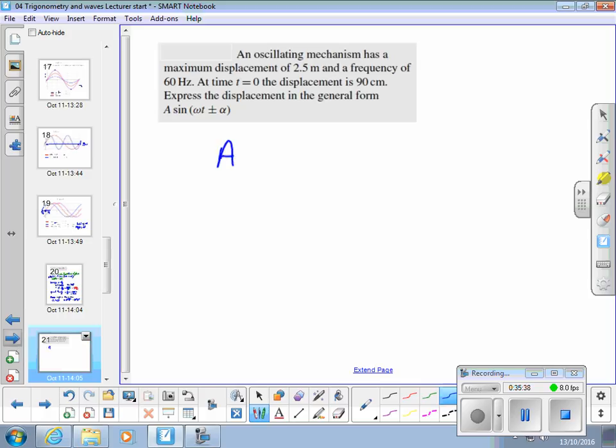The form is A sine omega t plus or minus phase shift. What's the easiest thing to get out of there? Even easier than that. Time will remain as t.